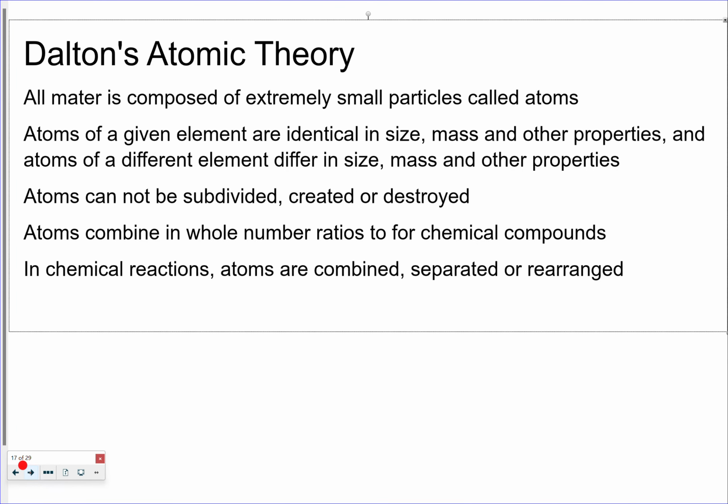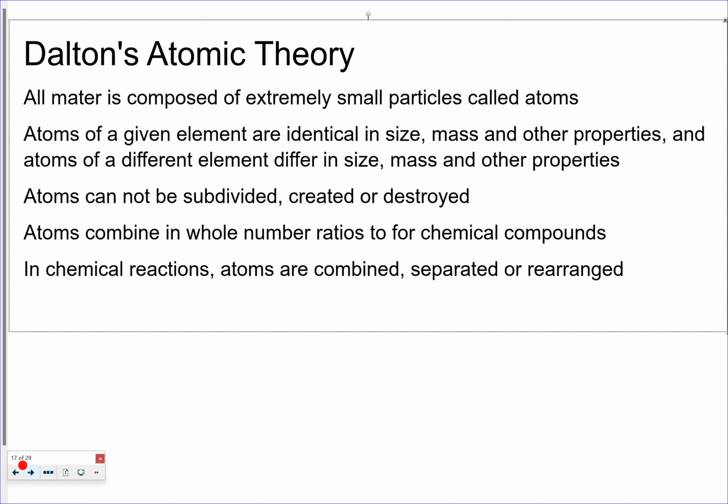So, Dalton's atomic theory. All matter is composed of extremely small particles called atoms, and atoms of an element are identical in size, mass, and other properties. However, atoms of different elements differ in size, mass, and other properties.